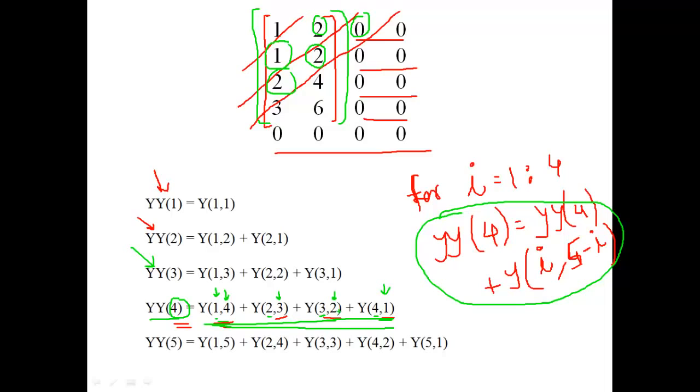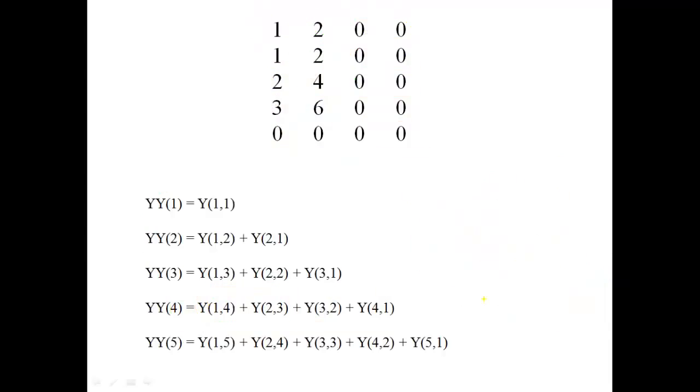Is that clear now? The only problem I'm having right now is for y of 4, where these two terms, y of 1 comma 4 and y of 2 comma 3, do not exist for me. So in this loop, I can write an if condition so that when you are searching for a y of i which does not exist, you do not add it into the sum. Now let's go back to the program and check it out there.